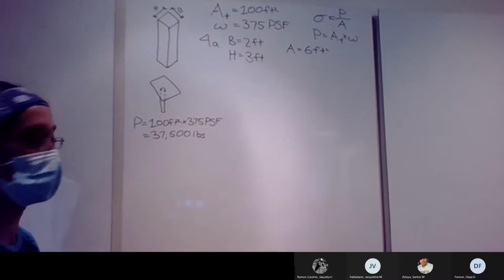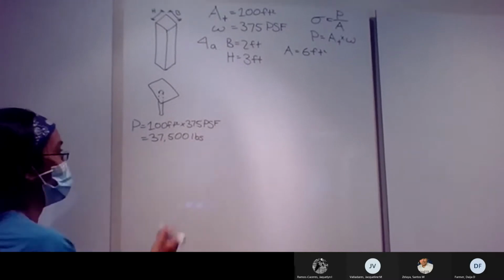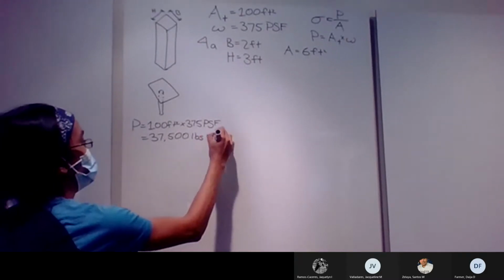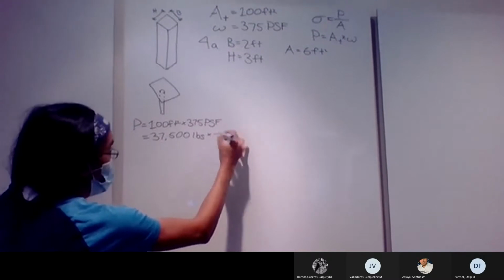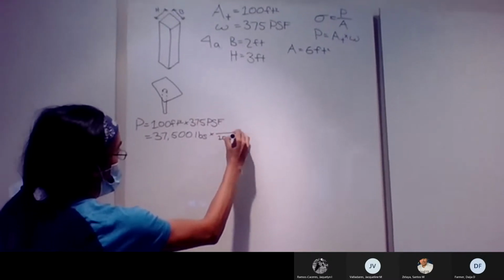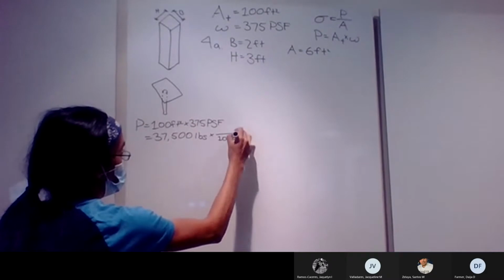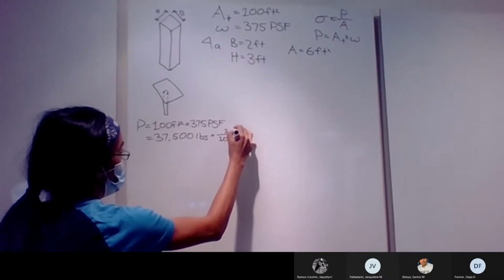So we're just going to convert that into kips. Multiply by 1,000 pounds under 1 kip.